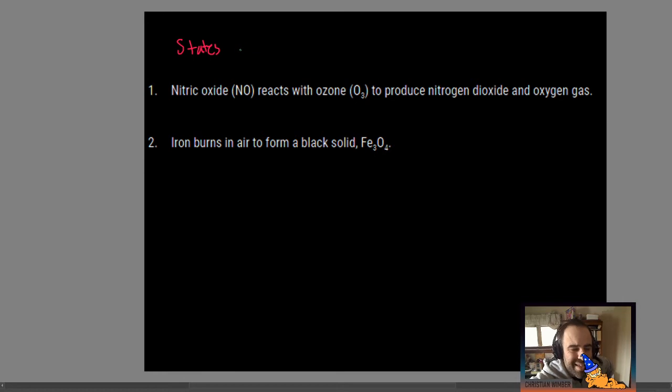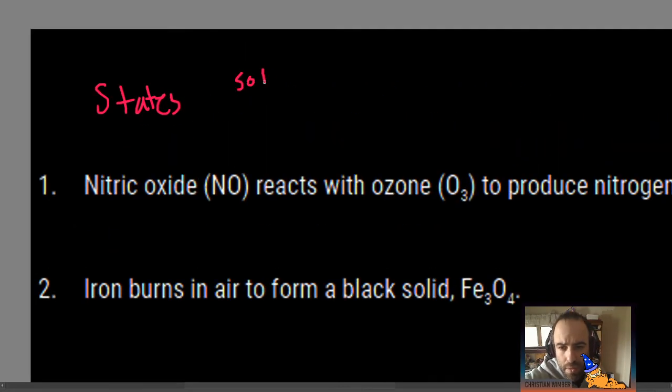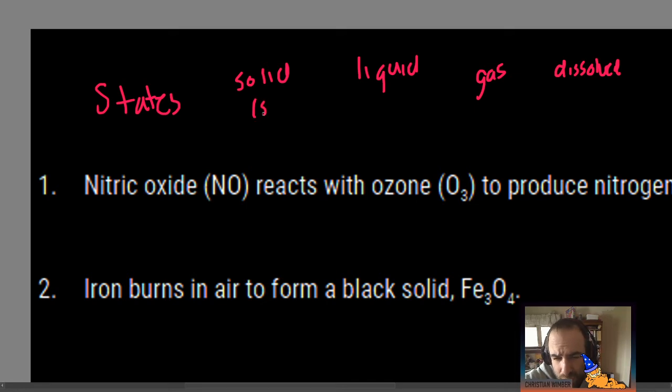And what I mean by states are things we've always covered: solids, liquid, gas, or dissolved in water as its own. We use different symbols for these. If something's a solid, we just tell everyone it's a solid by putting a little S in parentheses.